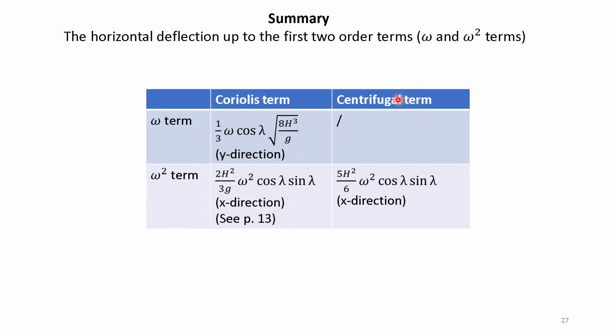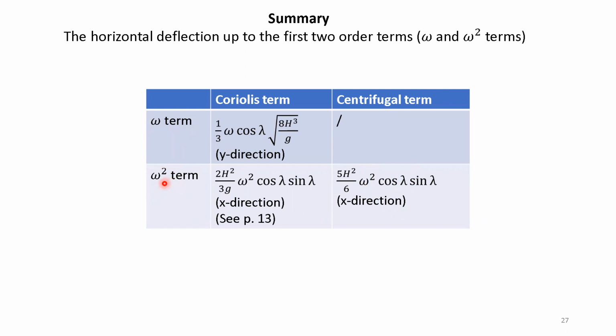So what about the centrifugal term? You know that it comes from omega cross (omega cross R), so there won't be a term linear in omega. The lowest order correction term will appear as an omega squared term, not as a linear omega term.